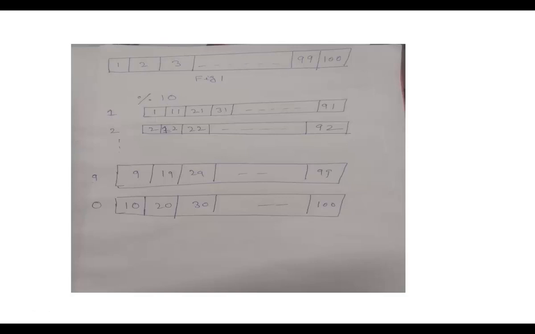It is used for faster access. If I want to search for 11 here, how many accesses do I need? Only 3: one for the key, second here and third here.